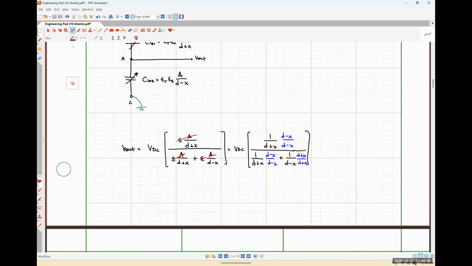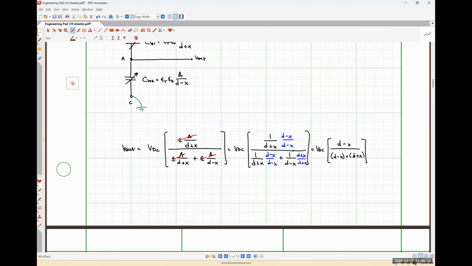so that all of those denominators cancel each other out, leaving me with my DC voltage times, I'm going to have a D minus X in my numerator. And then I'm going to have a D minus X plus a D plus X in my denominator.